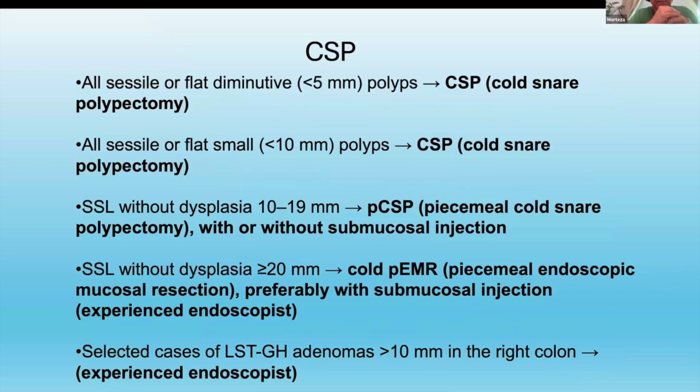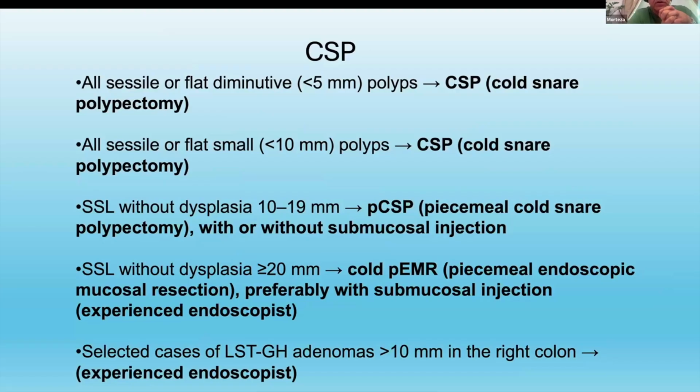So for cold snare polypectomy, this is what you can find in the recommendations from the ESGE guidelines. All diminutive polyps, whether SSL or adenoma, you can remove with cold snare polypectomy, lesions less than 5 millimeters. All lesions less than 10 millimeters, you can also do the same thing.